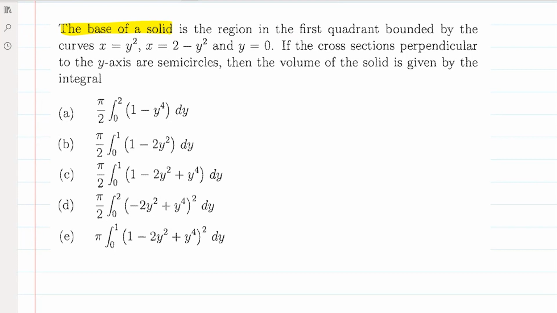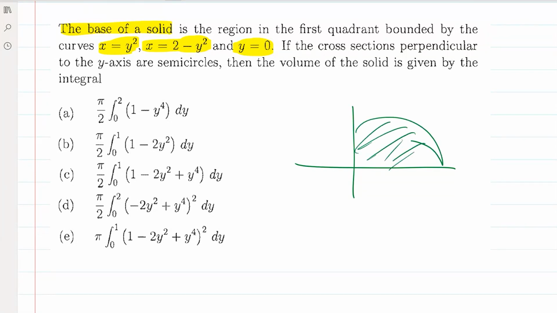The base is the region in the first quadrant, bounded by the curves x equals y square, x equals 2 minus y square, and y equals 0. So we have some solid in the first quadrant. The base of this solid will be the shape enclosed by these 3 curves.